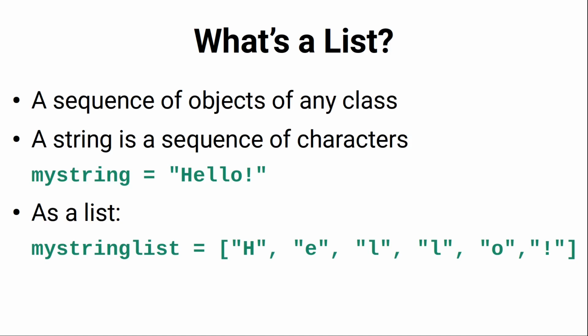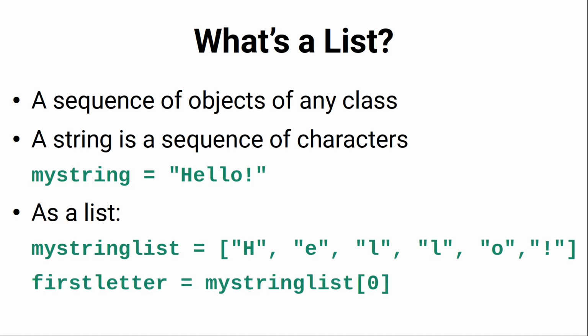To get an element of a list, you use brackets again, but this time right after the name of the list variable. Inside the bracket, you need the index of the element, which will be an integer from 0 to 1 less than the length of the list. This means that Python list indexes are 0-based, which can be a bit confusing. My string list has 6 elements, so the indexes go from 0 to 5.